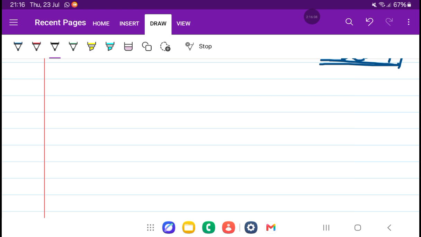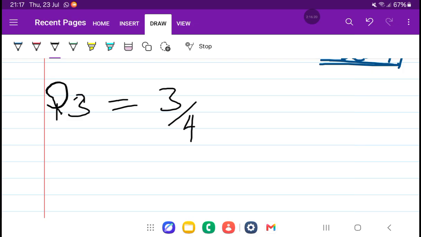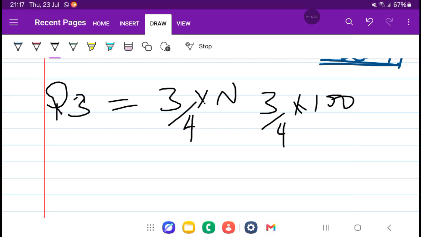Let me compute Q3. Q3 is 3 out of 4 times n, or summation f. So it is 3 out of 4 times 100.